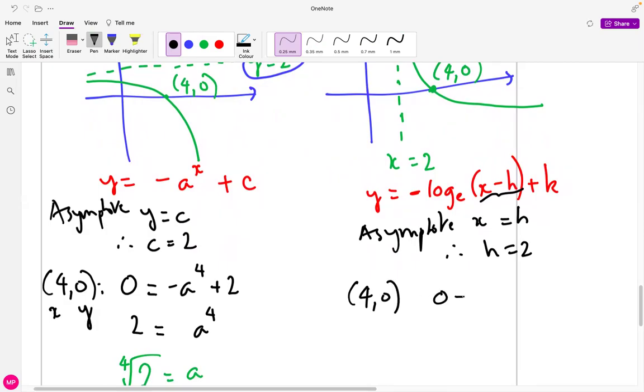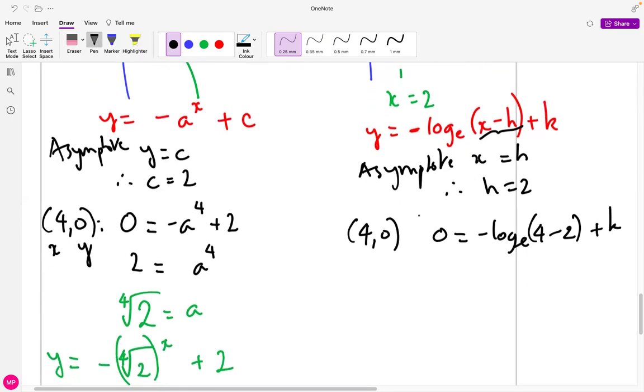So we have 0 equal negative log a of x, which is 4 minus h, which is 2, plus k. So this is negative log a of 2 plus k. To solve for k, we just need to add log a of 2 to the other side. So k equal log a of 2. Okay, and then you have the equation.